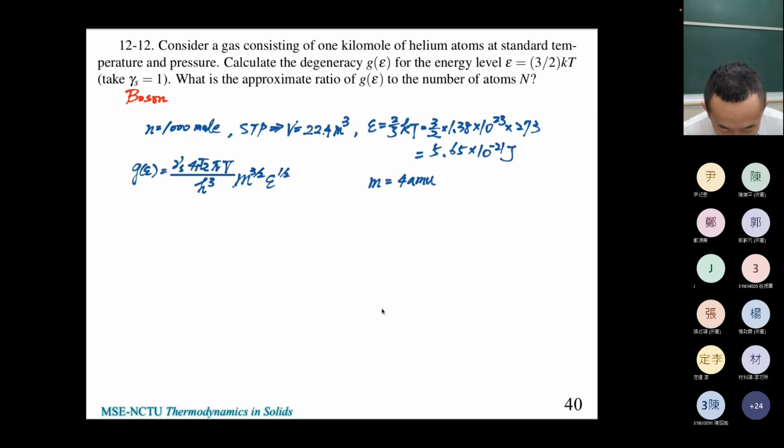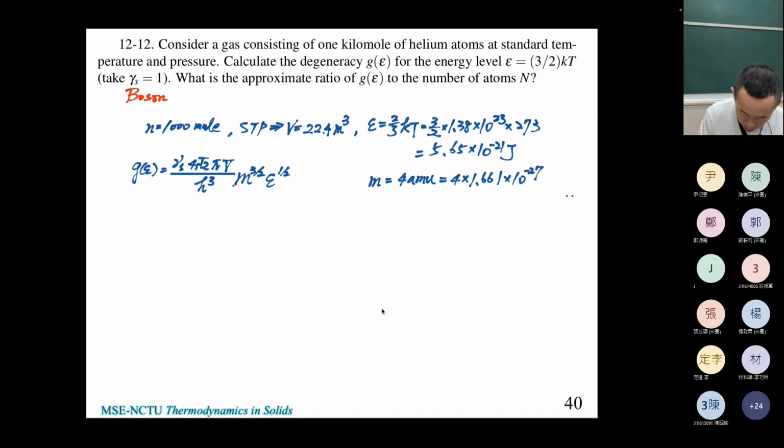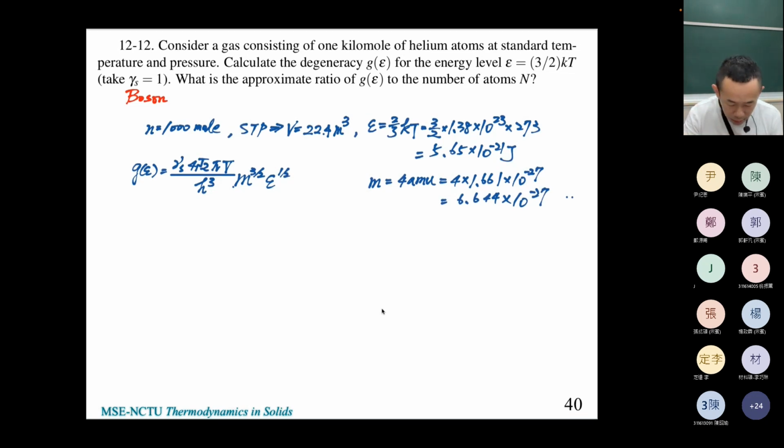AMU is atomic mass unit, the Dalton. If we transfer it, 4 times 1.661 times 10 to minus 27, so you can have 6.644 times 10 to minus 27 kg.